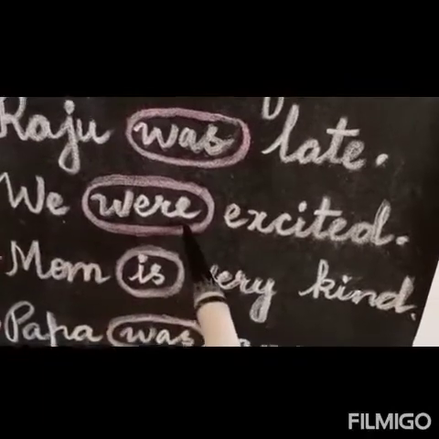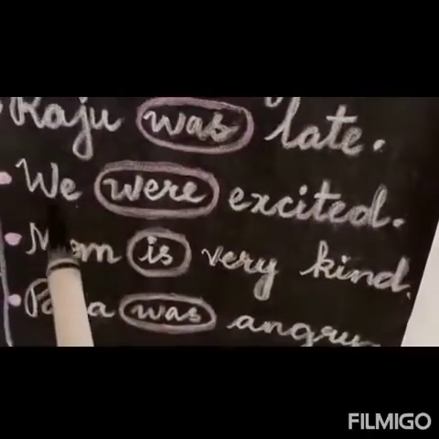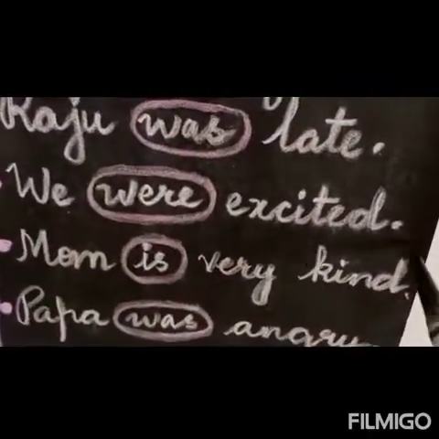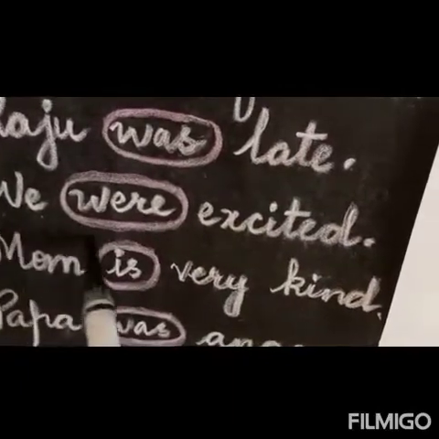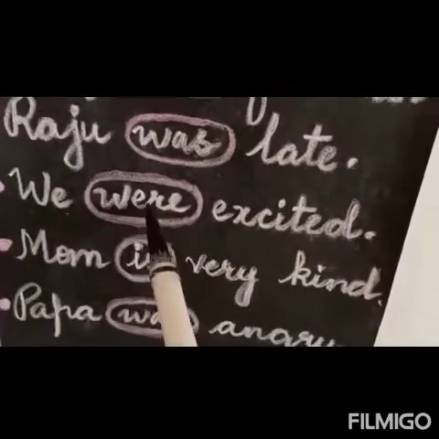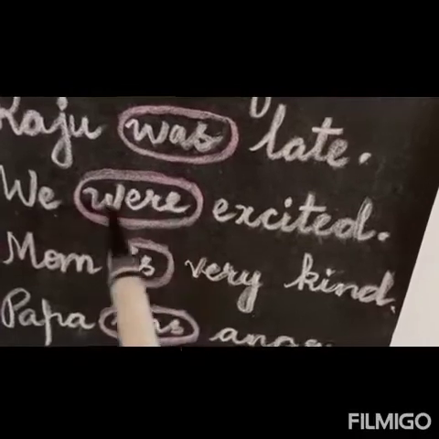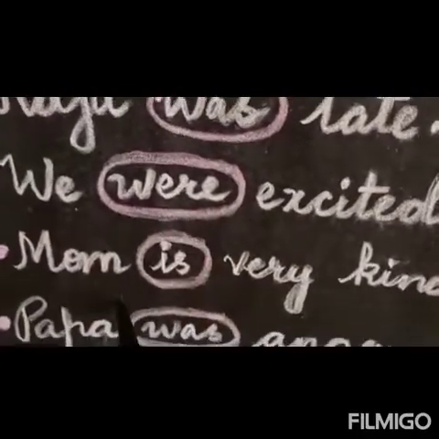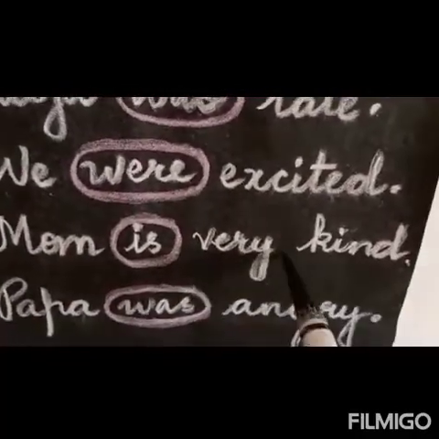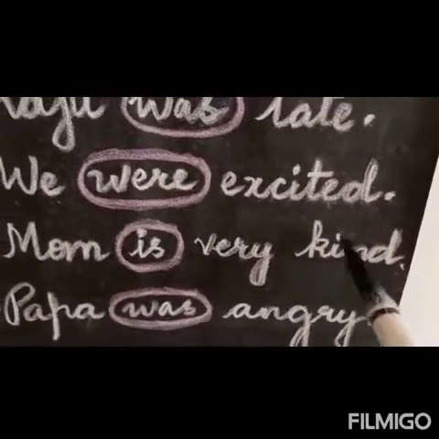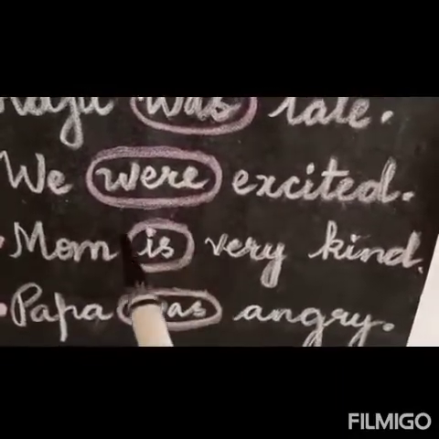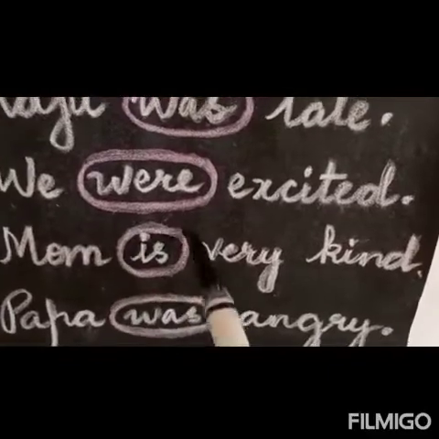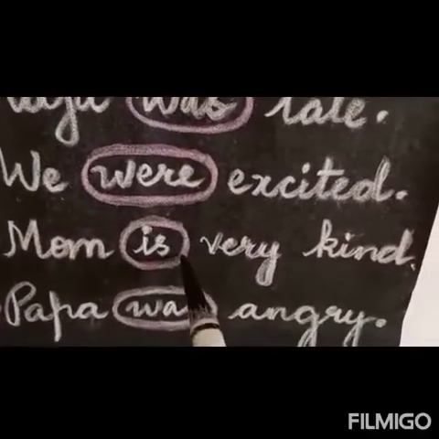We were excited. You see, we were excited. No action is there, but here this were is acting as a verb, and it is the verb of being. Mom is very kind. You see in this sentence, this is is acting as a verb. But which kind of verb is it?